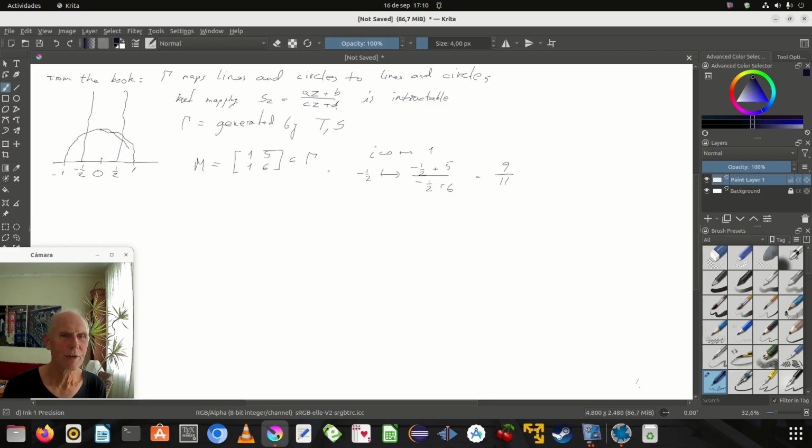And that means that this line maps to a circle going through these 2 points. Therefore, it must have center in between, and this is the circle. So not much computation is needed, and we can do the same with 1/2.